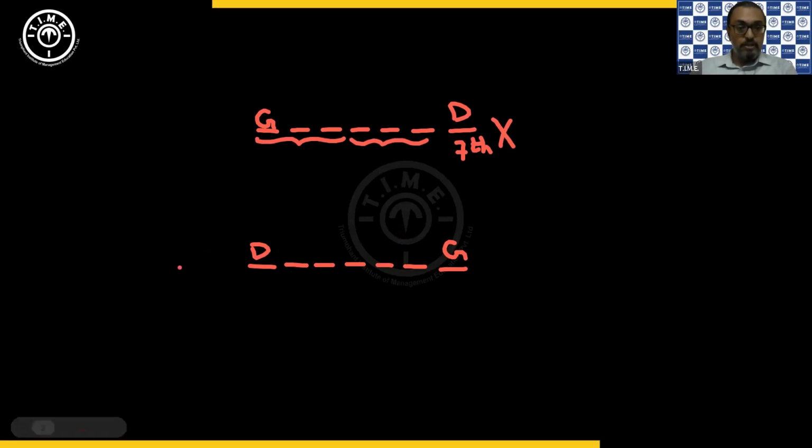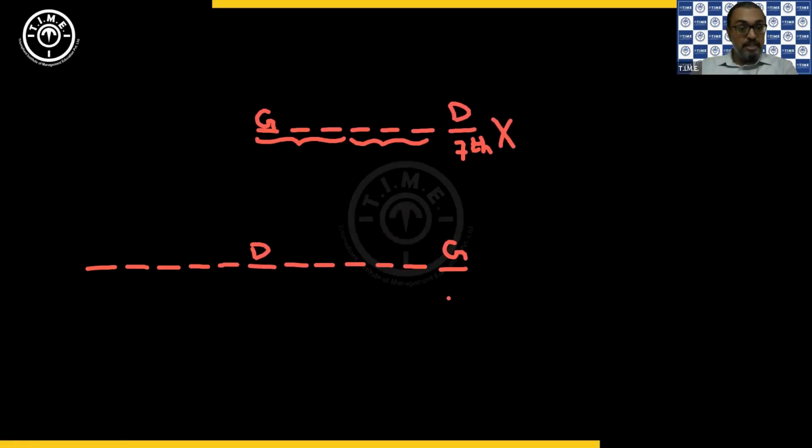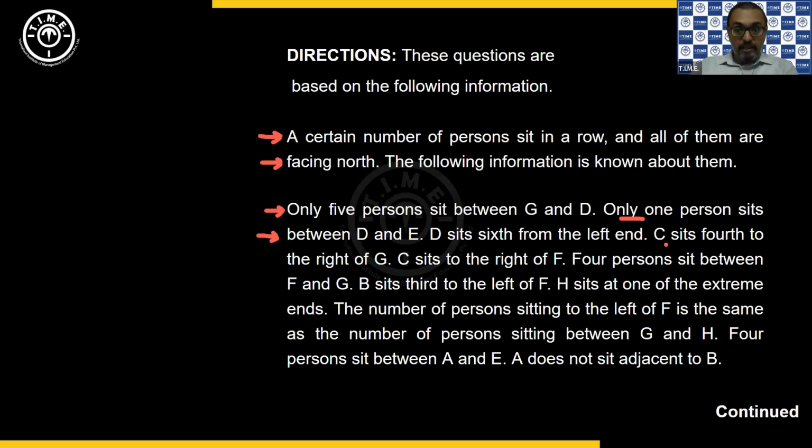In the below arrangement, I have to include 5 people before D, so that from the left end, D becomes the 6th person. But he also says 1 person between D and E, so we need to check, because on both sides of D, leaving a gap of 1 person, you can fix E. We'll come to that.